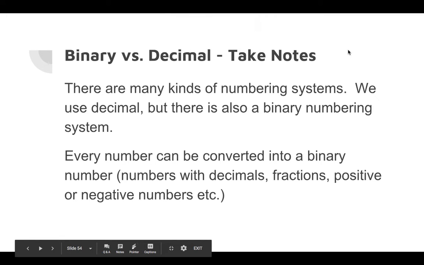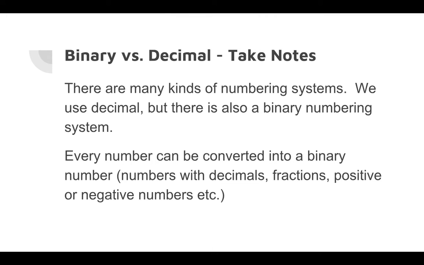Okay, everyone, we're going to go back to binary code. And remember, last time we talked about binary code, we talked about how our characters or letters are represented in binary. And remember, binary code is basically a numbering system, or a character system.